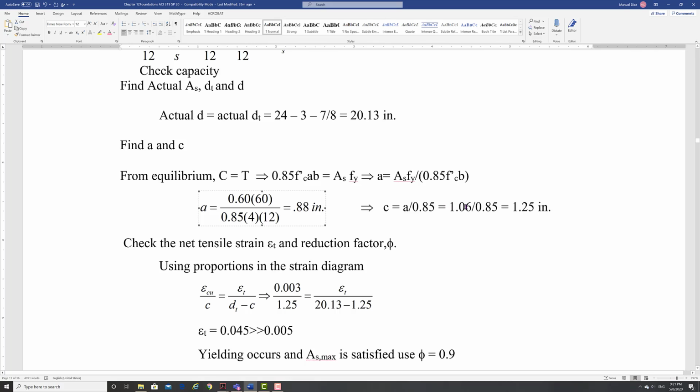And so we find our c value, of course. That would be okay. 0.88. So the number is now 104.